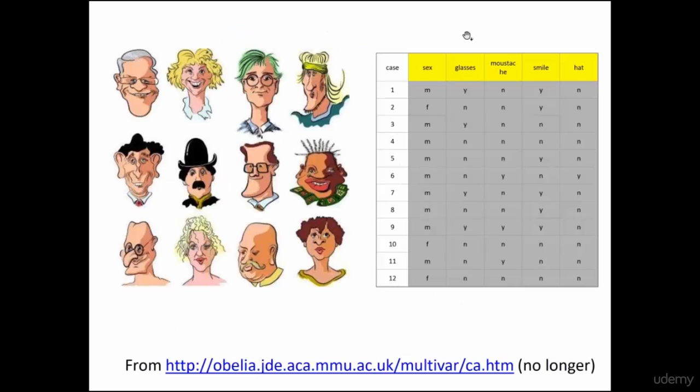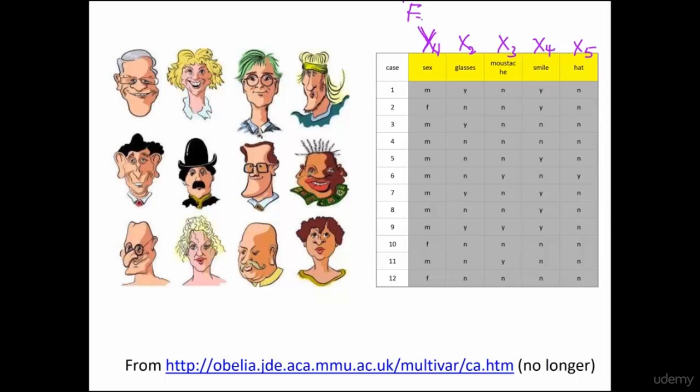All right. Look at this example. How many features do we have here? We have a feature called sex, or let me put it as x1. We have x2, x3, x4, and x5. So we have 5 features here.